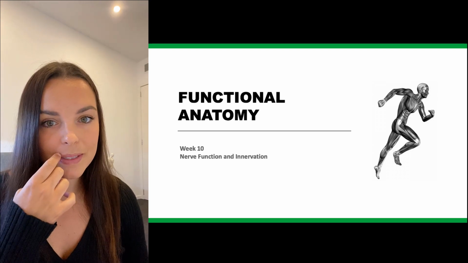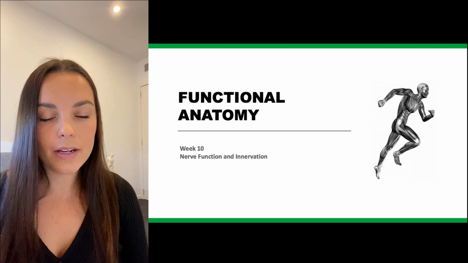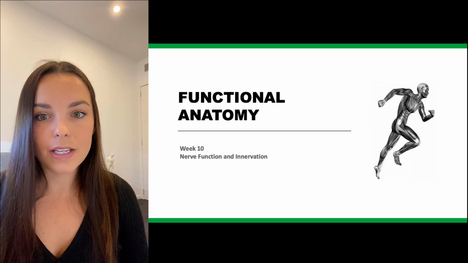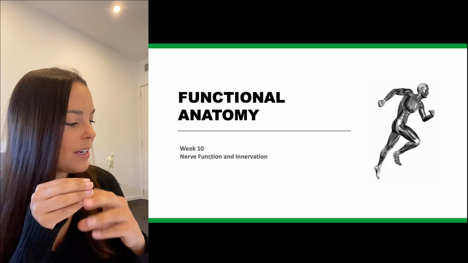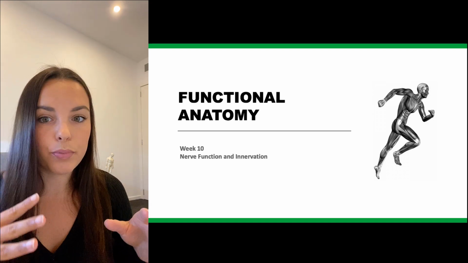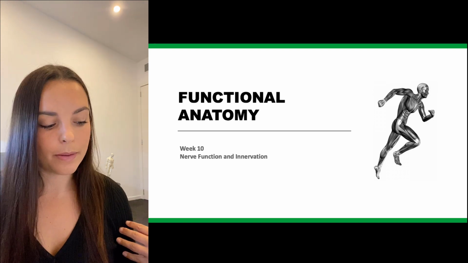So these plexuses are what we're going to look closely at today. There's three that we're going to look at, but a nerve plexus is essentially this tangled web of the nerves before they extend down into the limb. So this branching network of nerves that supply our limbs.